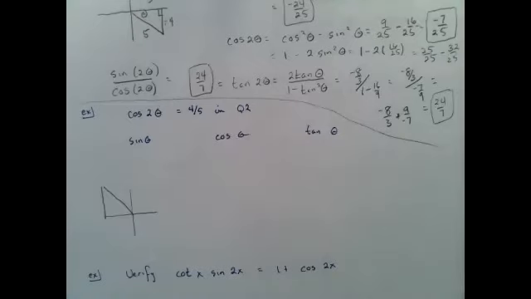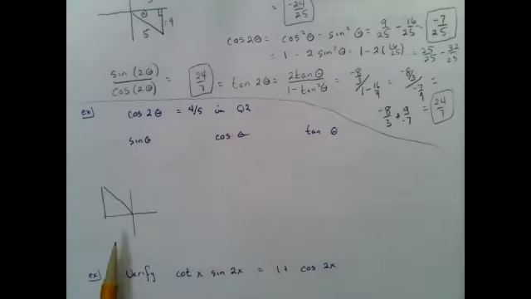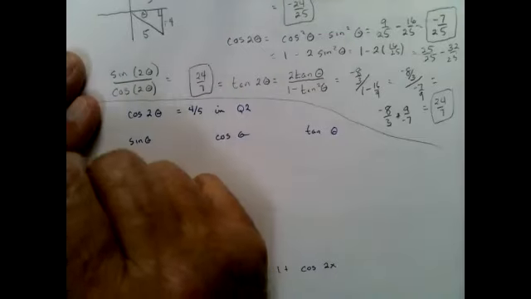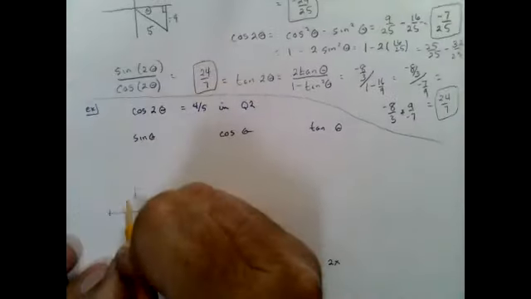What is the sine of theta? The cosine of 2 theta is 4/5, but it's in quadrant 2. So, no, wait a minute. I don't think I can use this. I can't write 2 theta in there. What I think I do know is, where would theta be?